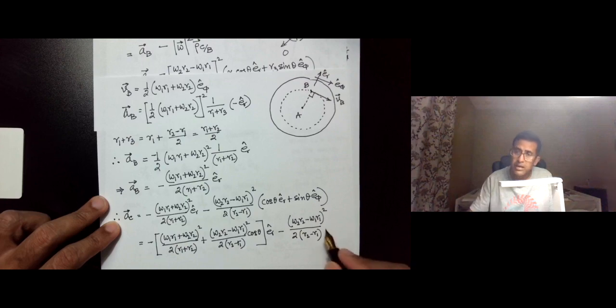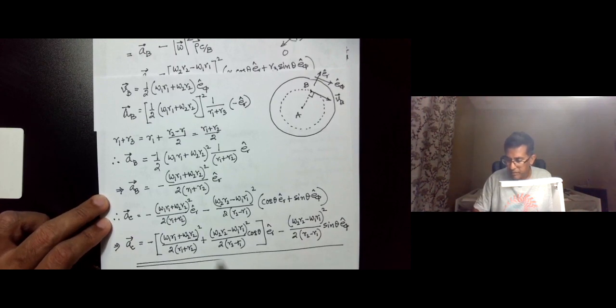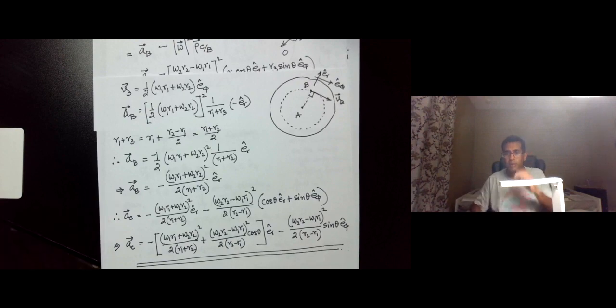The whole thing gets multiplied by sine theta E phi. And so that is our acceleration of the point C.